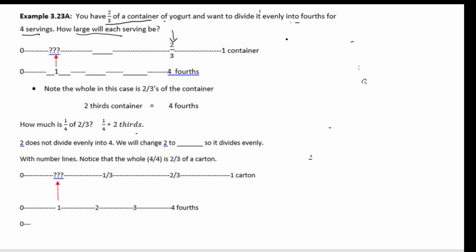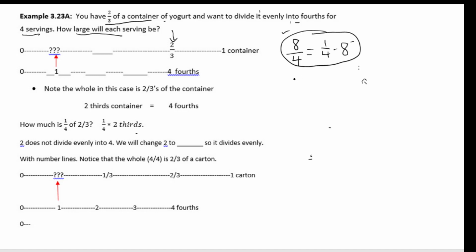Now recall that 8, for instance, divided by 4 is the same thing as 1/4 times 8. So that's just an aside to get you to realize that we've done this before, right?